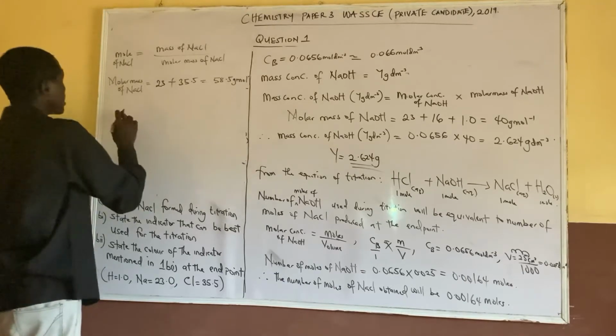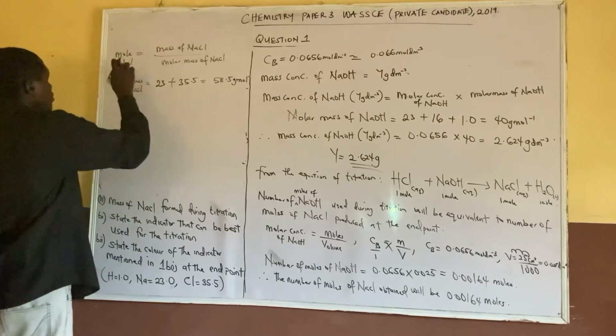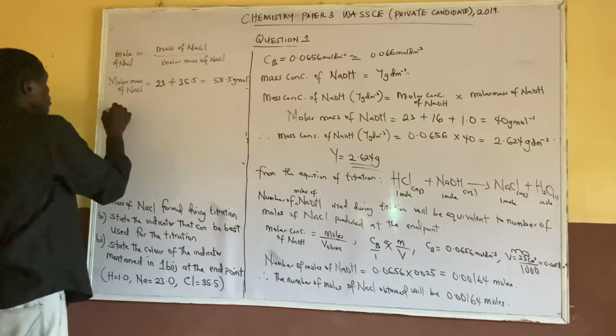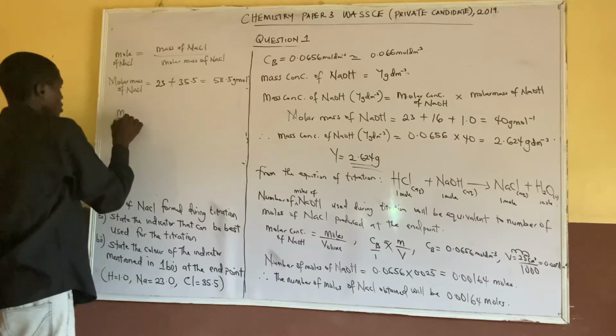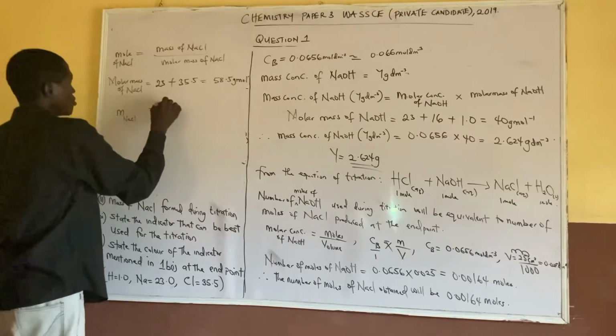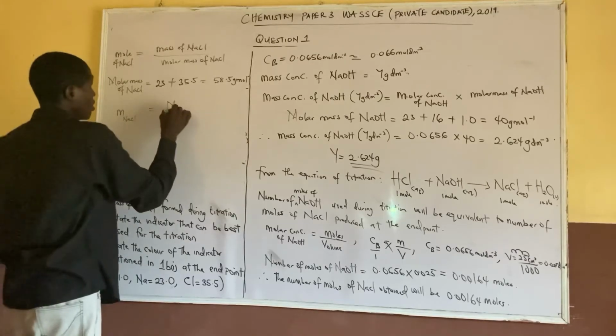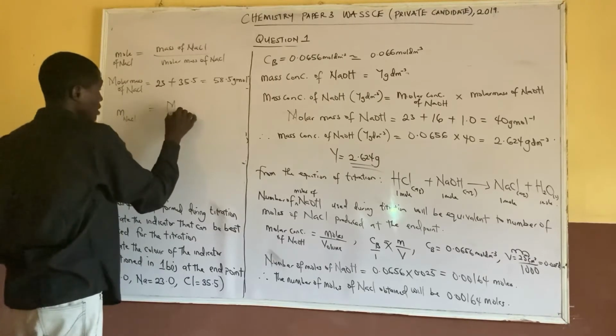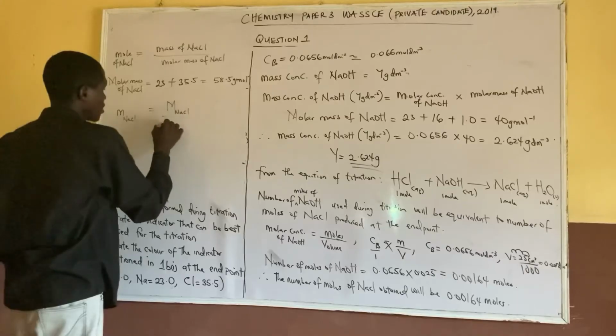So from there now, you can easily get the mass. The moles of sodium chloride equal the mass of sodium chloride all over the molar mass.